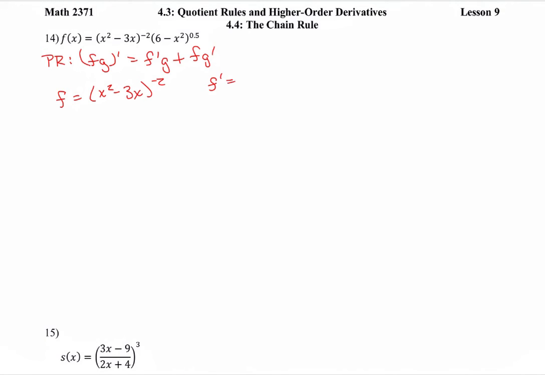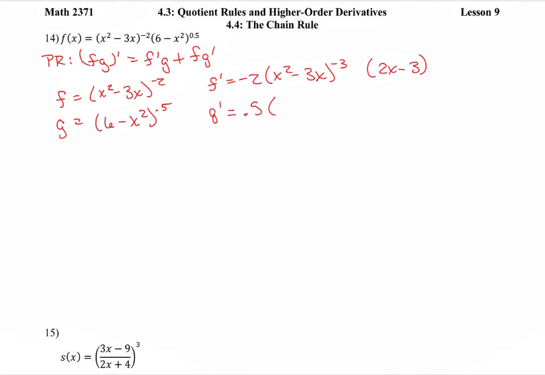So f prime equals negative 2 times x squared minus 3x to the negative 3 times 2x minus 3. And g equals 6 minus x squared to the 0.5, and g prime equals 0.5 times 6 minus x squared to the negative 0.5 times 2 minus 2x.